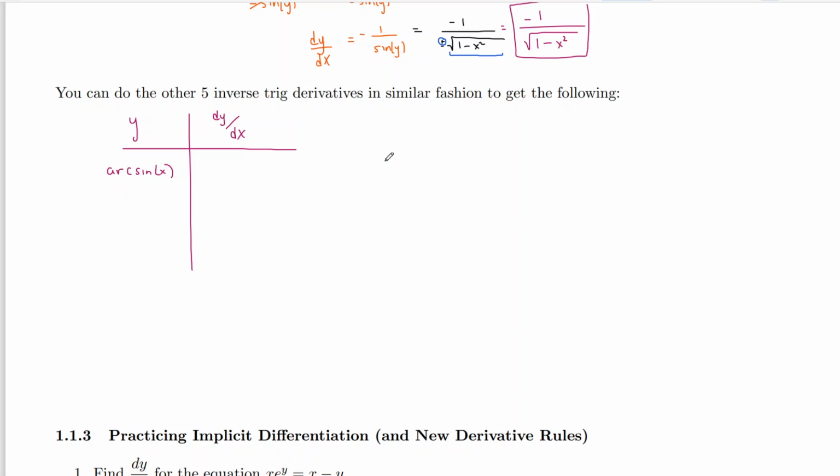The only difference is going to be that negative sign. You get 1 over the square root of 1 minus x squared. And that's going to boil down to, if you graphed y equals arc sine of x, it's actually always increasing. So that's why it doesn't have a negative there. Then arc cosine, the one we just did, it's the same thing but negative.